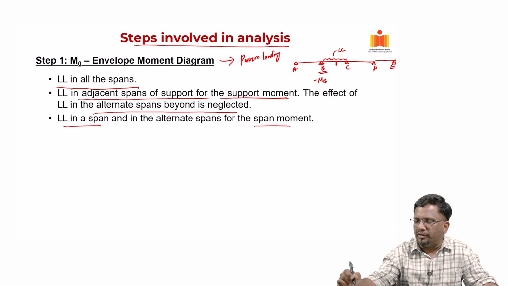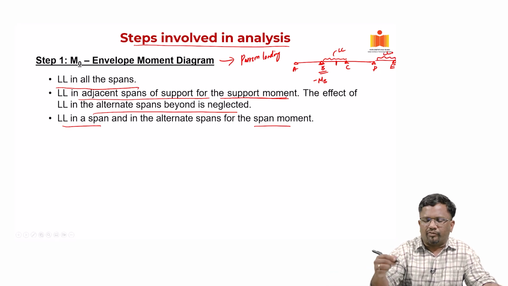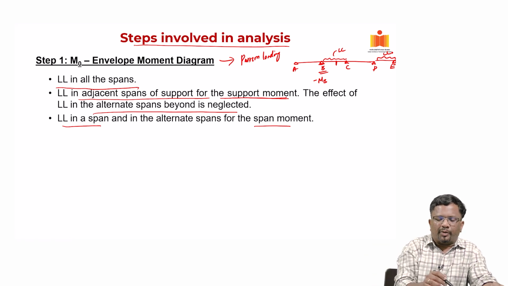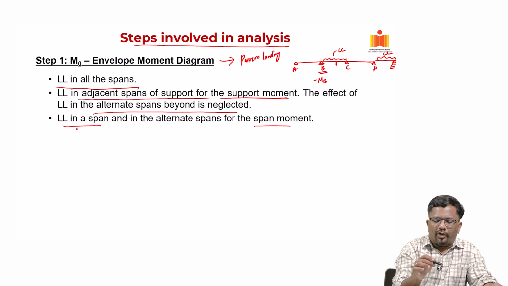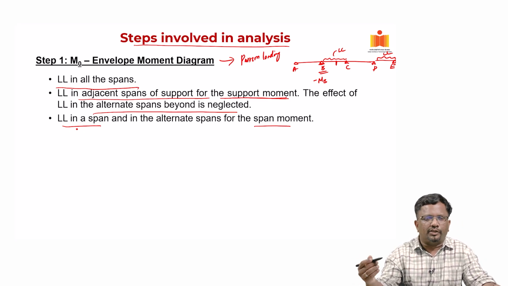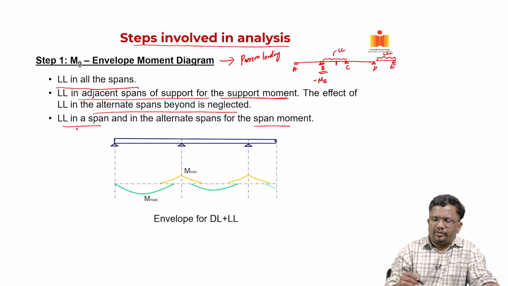Let us say this is E. If I want it in the midspan of BC, then I leave these other two and in the alternate span I put live load. Of course, dead loads have to be considered in all the spans, right. So, for span moment we consider the live load only in the span where we want and in the alternate spans. Like this we do multiple analyses.